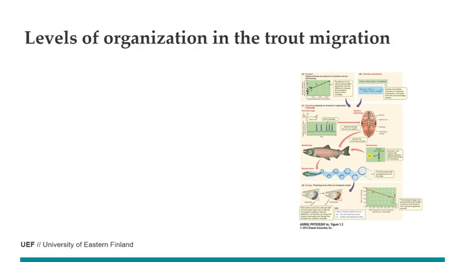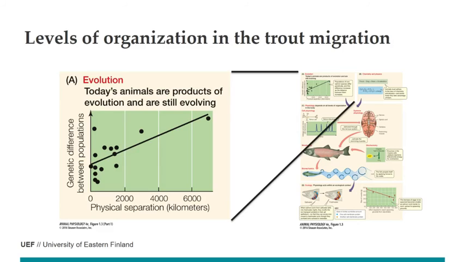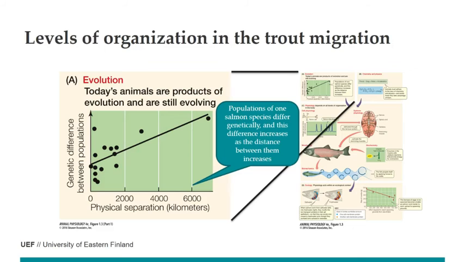Let's have an example of trout migration. First of all, we have the evolution pathway, because animals are the products of evolution and they are still evolvable. Animals have been adapted to different streams, like these trout, and the physical separation between these populations affects the genetic differences.